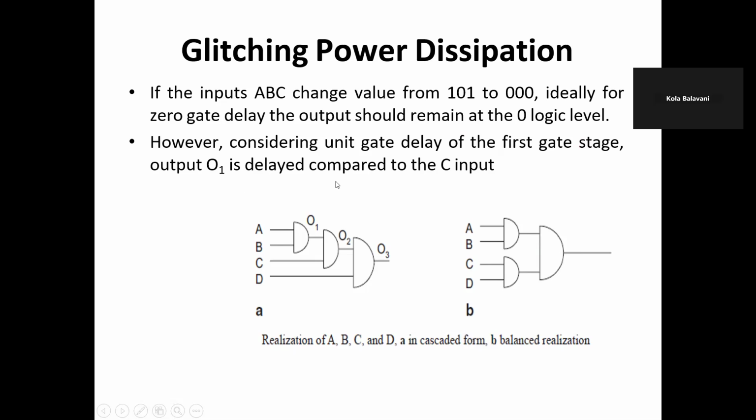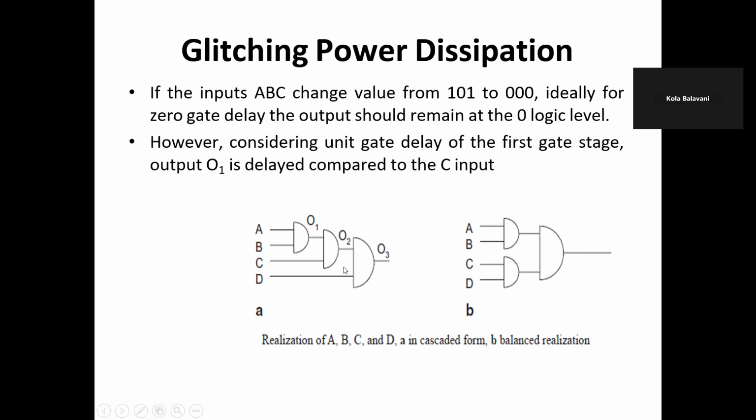However, considering unit gate delay at the first stage, the output O1 is delayed compared to the C input. Because of that unit delay, O2 depends on O1 output and O3 depends on O2 output.